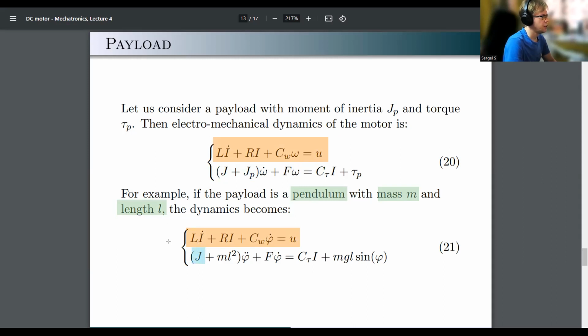We have our original moment of inertia plus the moment of inertia of a pendulum. Here I consider the pendulum as a unit mass at the end of the shaft without a weight, so what we can call a mathematical pendulum: a weightless shaft and the mass at the end.